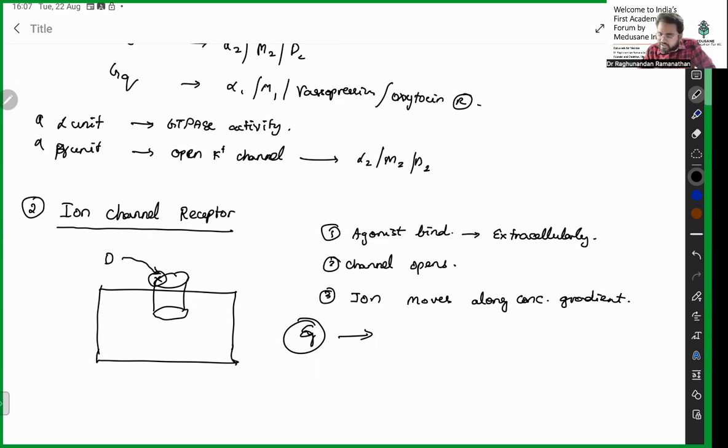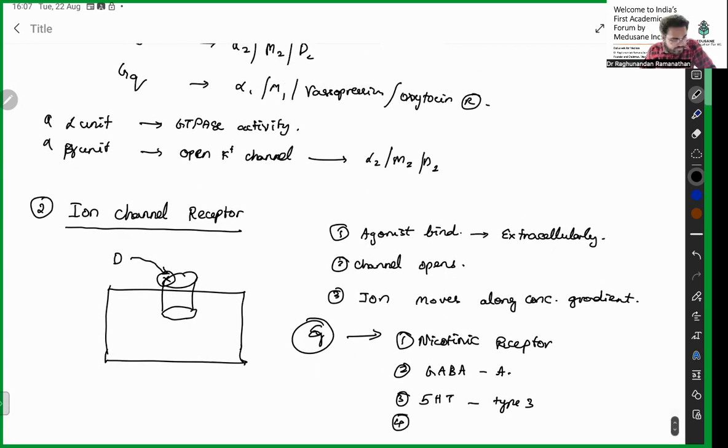Can we just list it down? Number one, nicotinic receptor. Number two, it's going to be GABA A. Number 3, serotonin receptor, serotonin type 3.